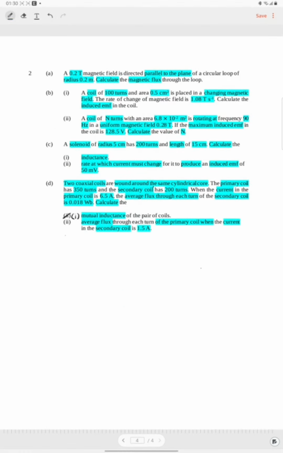Let us discuss our last question, 2D. So we need to read first and highlight the information as usual. So I list down all the information given. Actually, we are given the number of turns, right? So N1 is 350 turns.